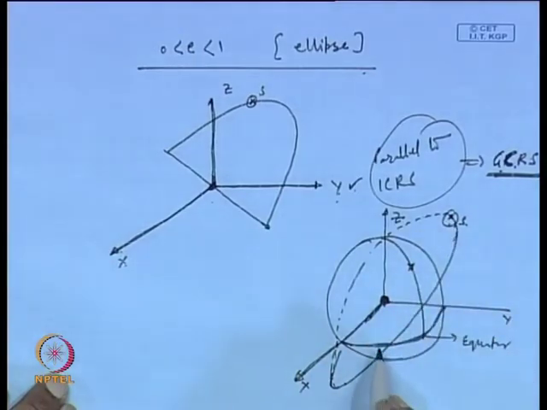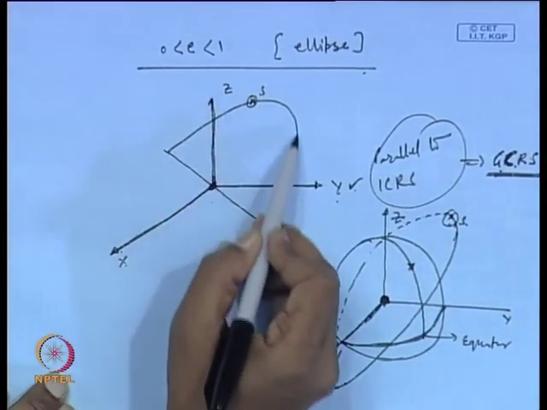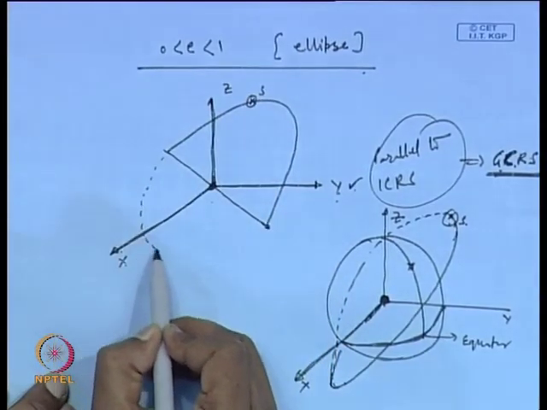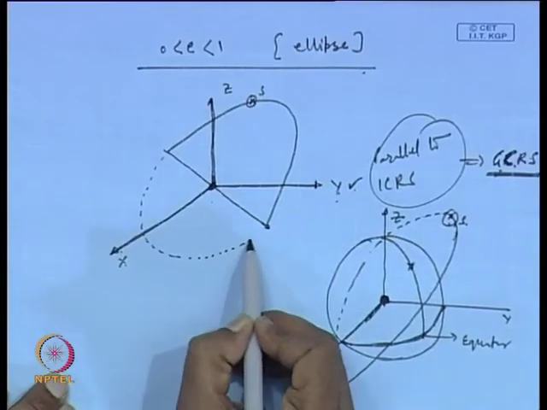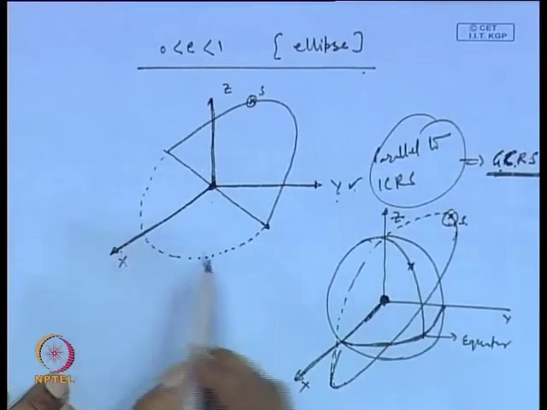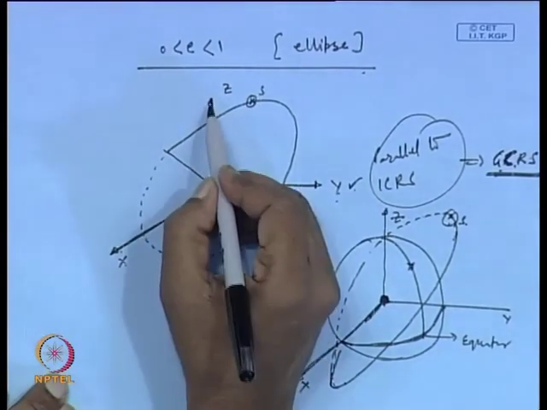This orbit is indicated by this particular curve, and we can extend it below. The solid line is above the x y plane, and the dotted line lies below the x y plane.